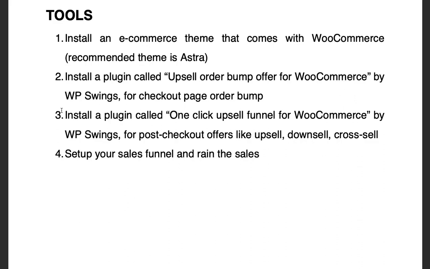that's the third tool. Now here you install another plugin called one-click upsell funnel. One-click upsell funnel. Let me copy it. And while we're installing that, make sure this particular one too is created by these WP Swings guys. We're installing it for the post checkout offers like upsell, downsell, cross sell.